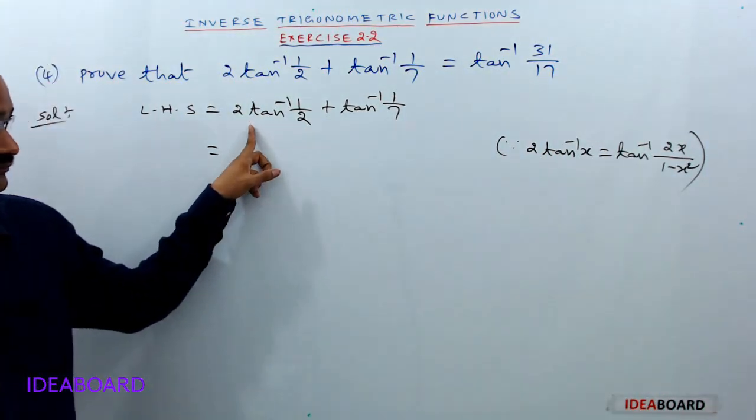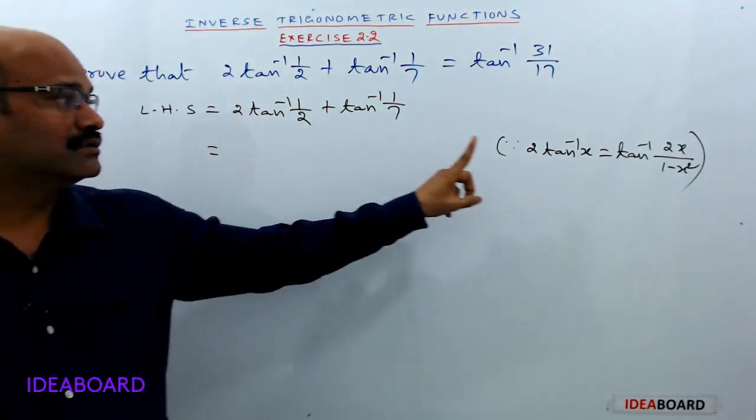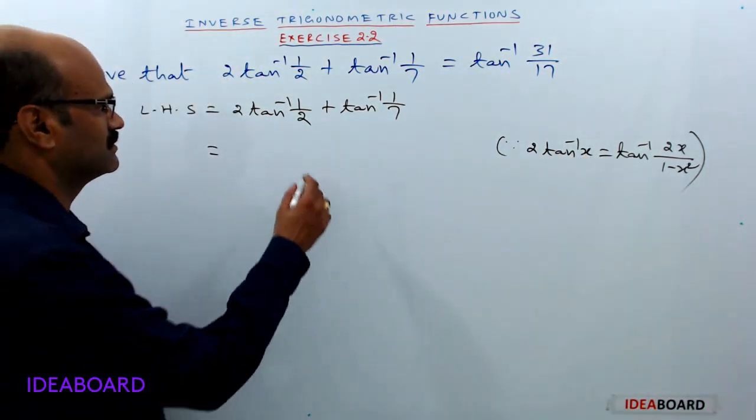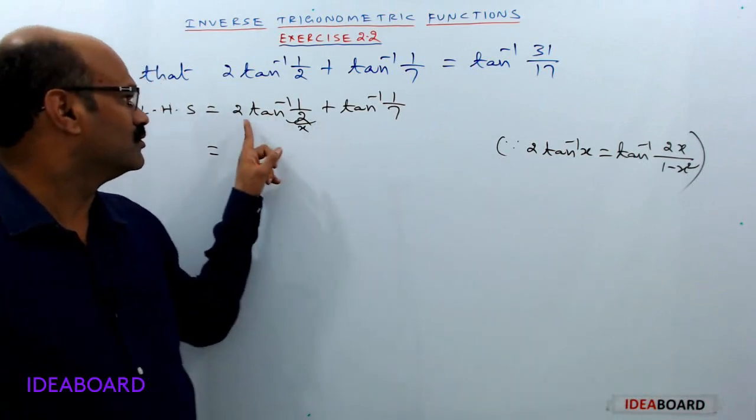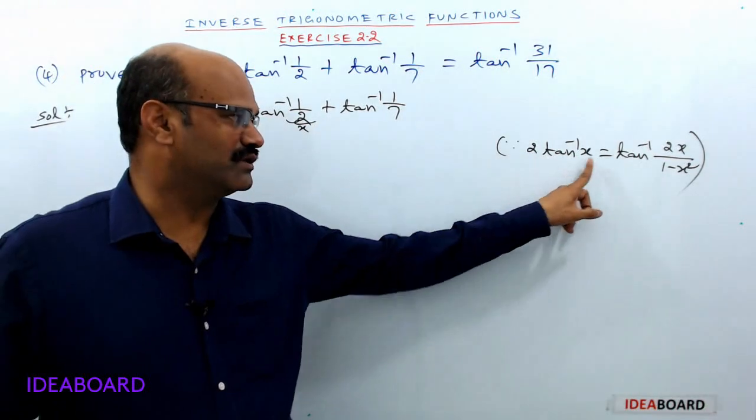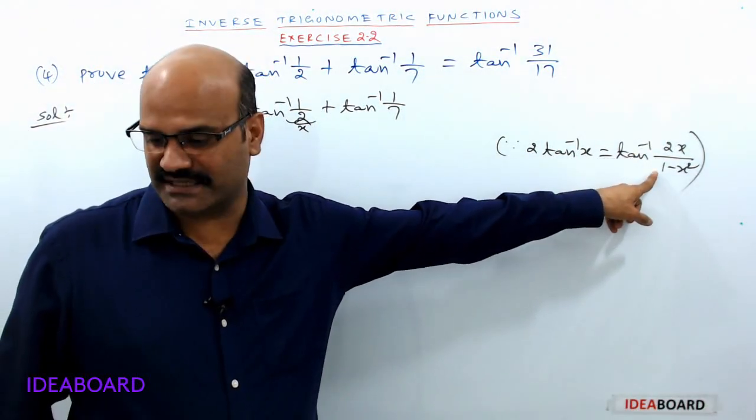So in the place of x, here you have 1 by 2. So 2 tan inverse of x equal to tan inverse of 2x by 1 minus x square.